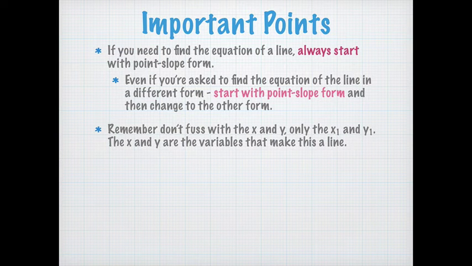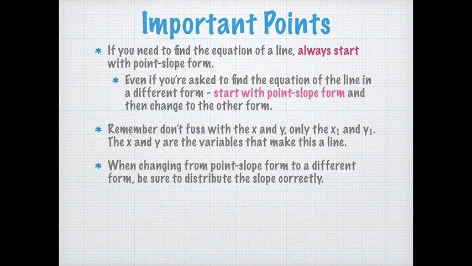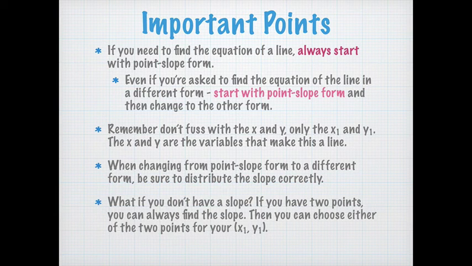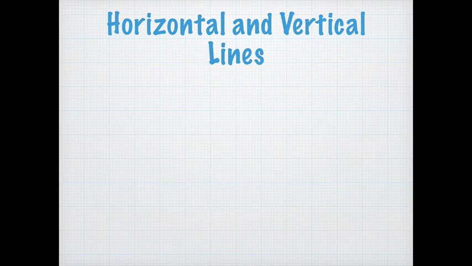Remember, don't fuss with the x and the y, only the x1, y1. That's your point. When changing from point-slope form to a different form, be sure to distribute the slope correctly. Remember, it has to be distributed over both terms. And what if you don't have a slope? Well, if you're given 2 points, you can always find the slope. Then you can choose either of the 2 points for your point, x1, y1.